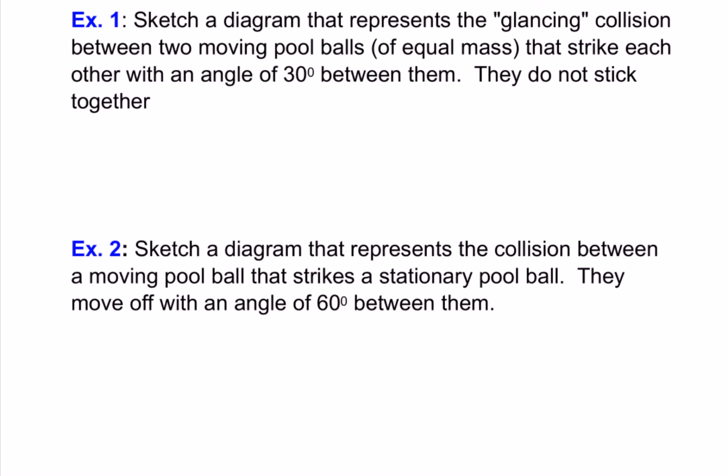The first one says we have two moving pool balls, so they have the same masses, and they're going to glance together. Glancing means sort of like a side swipe or a bouncing collision. They strike each other with an angle of 30 degrees between them. So one ball could be going down at an angle, and the other could be going upwards or horizontal, it doesn't really matter, but there are 30 degrees between the two.